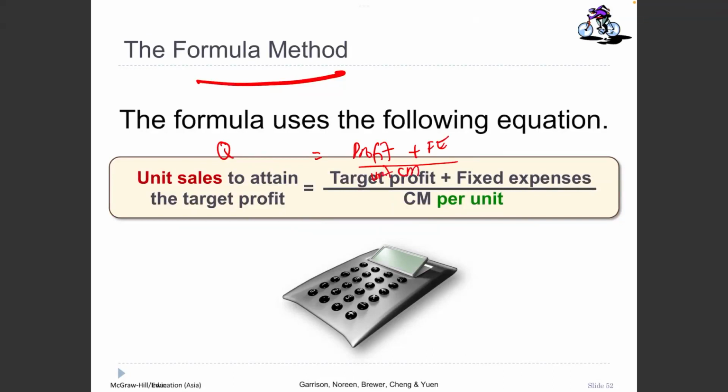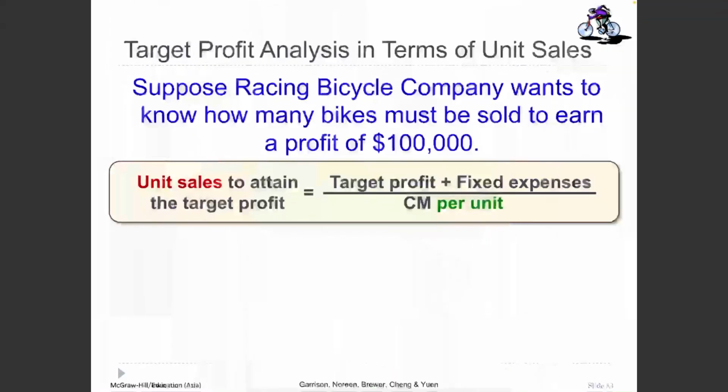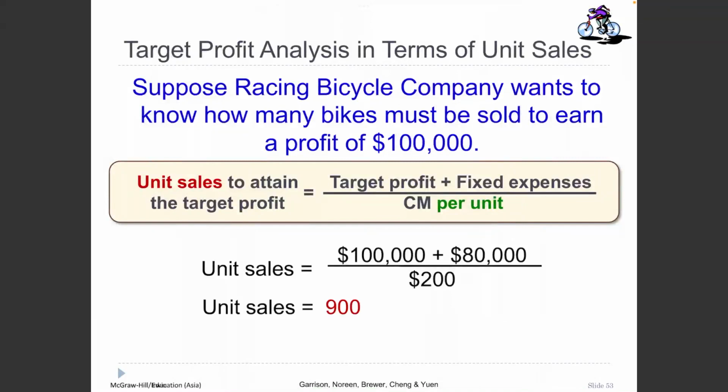Okay, so it's just similar to profit equals unit CM multiplied by Q minus fixed expense. Okay, so everything is similar here. It's just that in the formula method, they already rearranged so that this Q will be on the left side. Okay, so similarly, the answer will be the same. It's just easier. It's just less messy, I would say.